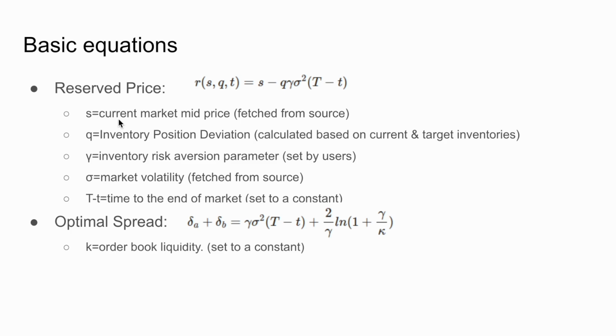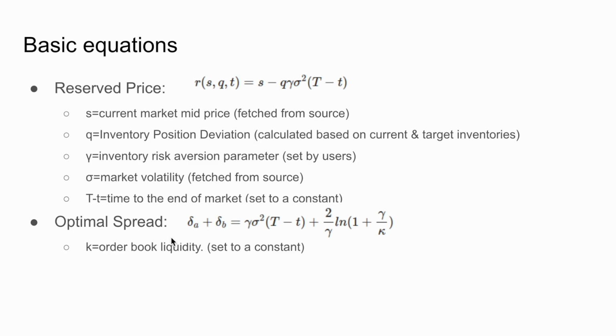S is the current market mid price, and basically it's just the price in the PMM script. Q is the inventory position deviation. I will explain all of them later, but this will be calculated based on current and target inventories. Gamma is set by users, and sigma is fetched from the source. T minus t, the time to the end of the market, is set to be a constant, and I'll also bring up the reasons later.